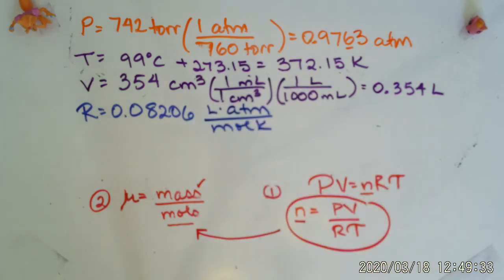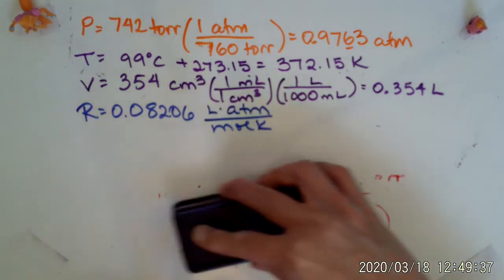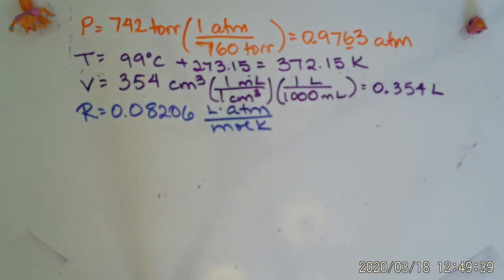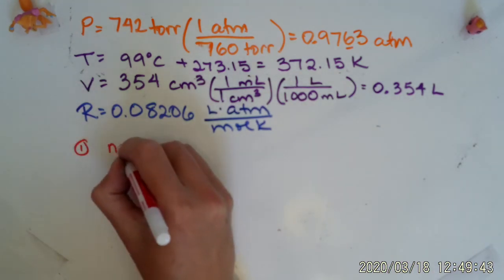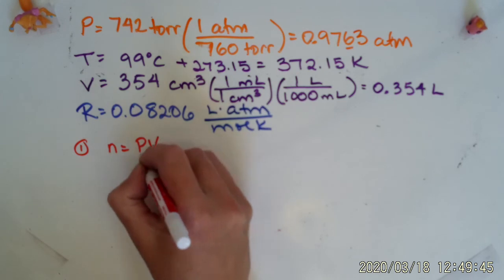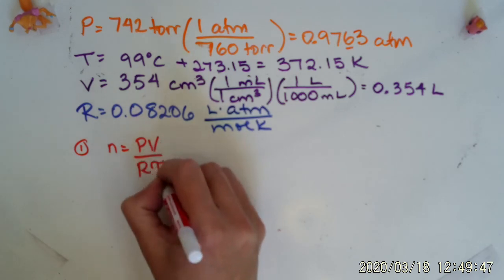Okay, so let's do step 1. n is equal to PV over RT.